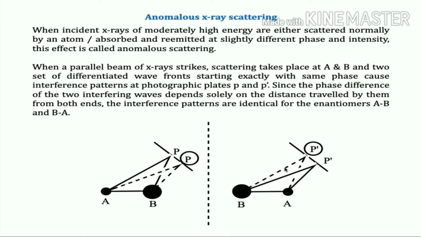If they have an identical interference pattern, then they are enantiomers. If they don't have the same identical pattern of interference, then they are not enantiomers. This is the basic principle involved in anomalous X-ray scattering for elucidating the absolute configuration.